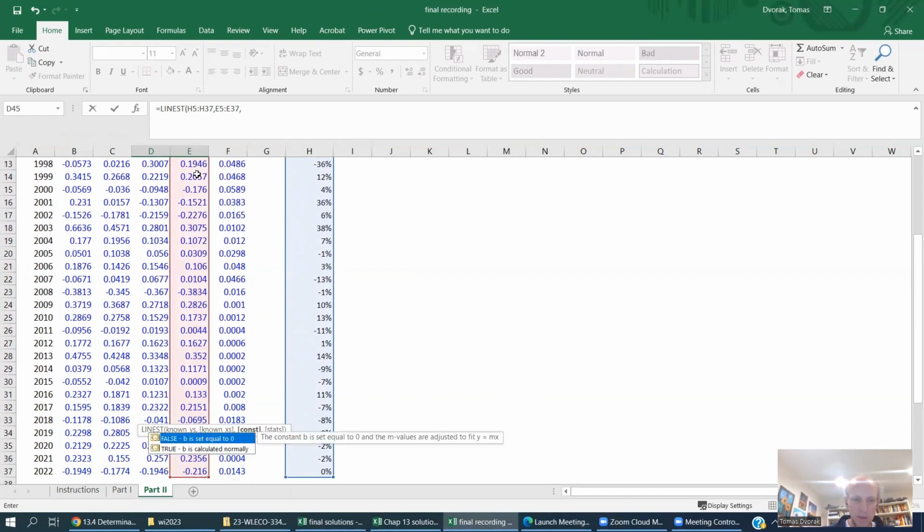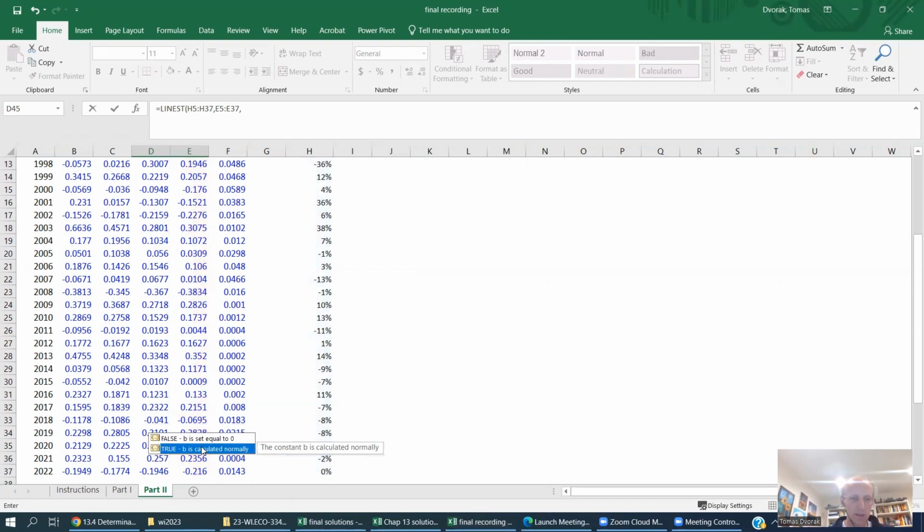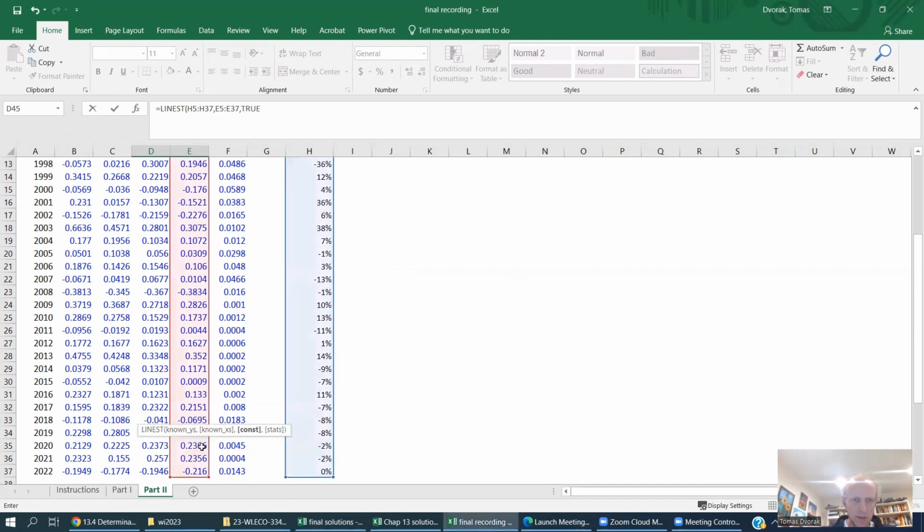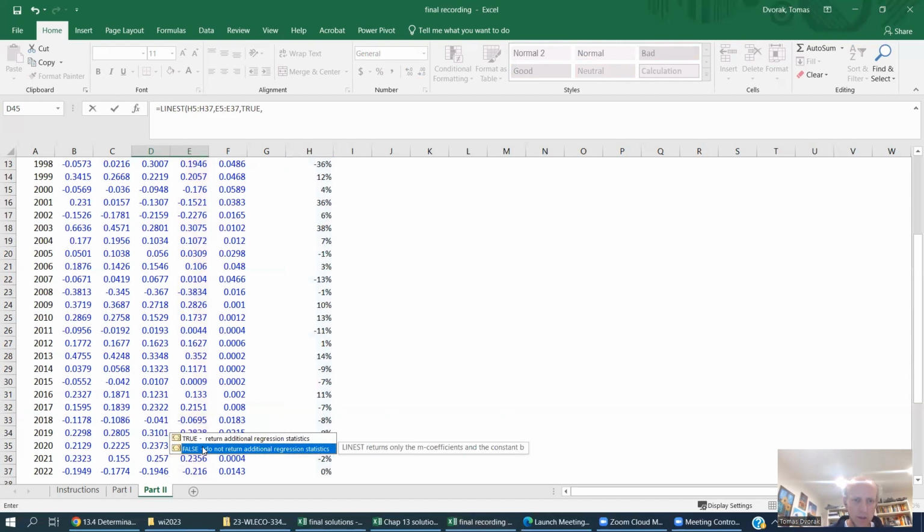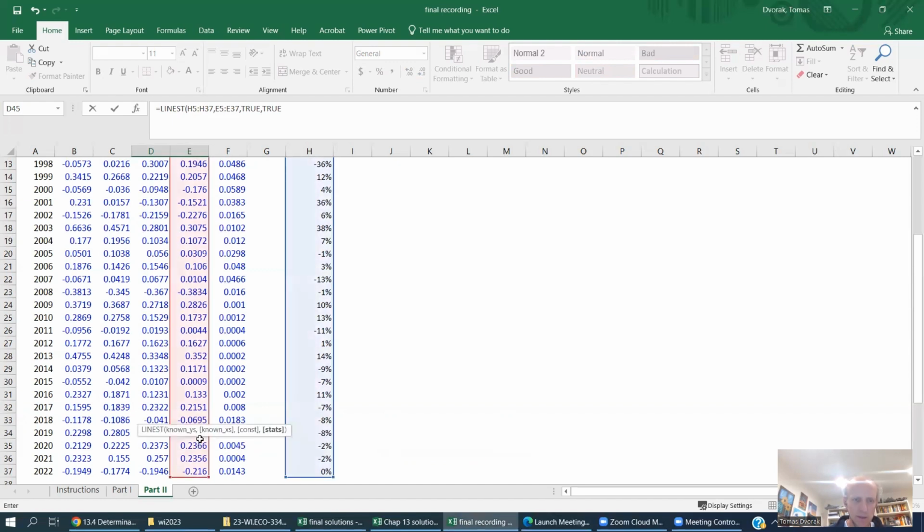And I want the intercept to be calculated, so slope is calculated normally. So that's true. And I also want all the additional regression statistics. So that's true as well.